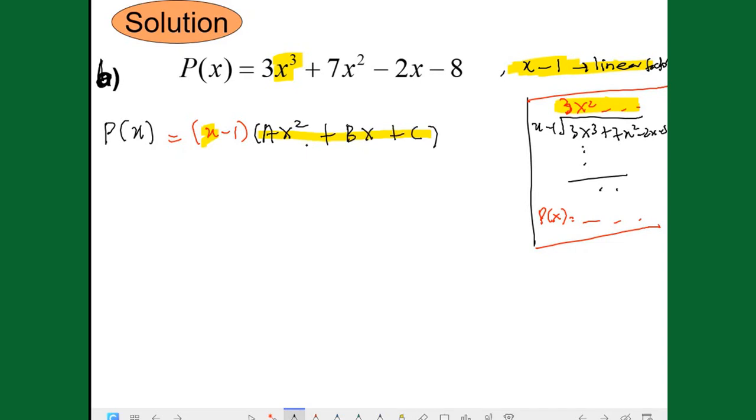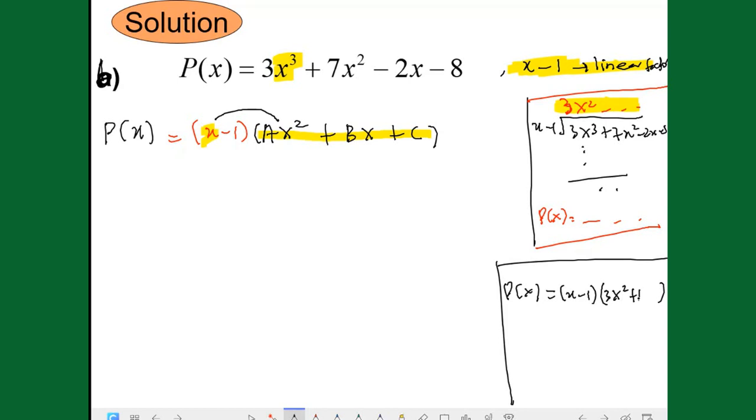General form. Okay, kalau kita darab ni dapatlah x cube. Okay. Kalau ada student yang celik, saya akan ajar cara ni. You all student pandai sebenarnya. Okay. X minus 1. Kita tengok, oh ini 3x cube. Confirm 3x squared.